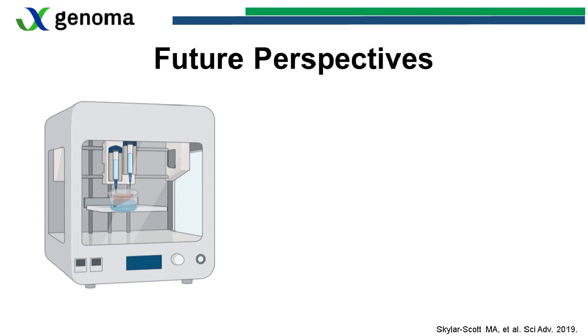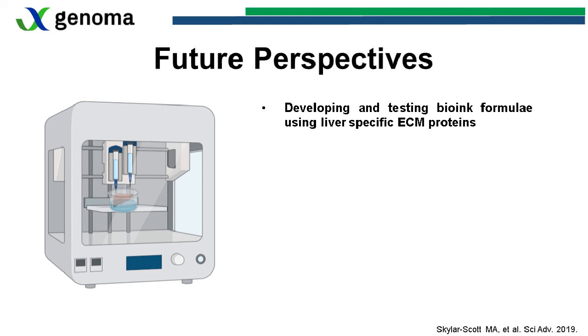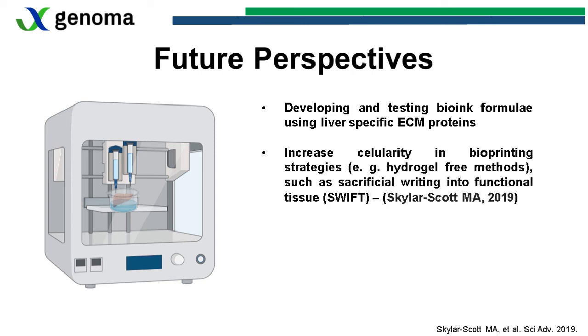So in terms of future perspectives in the bioprinting field, I consider that the development and testing of bioink formulations that use liver-specific extracellular matrix proteins are very, very important. We need to create the proper liver environment for the cells to perform as they should.